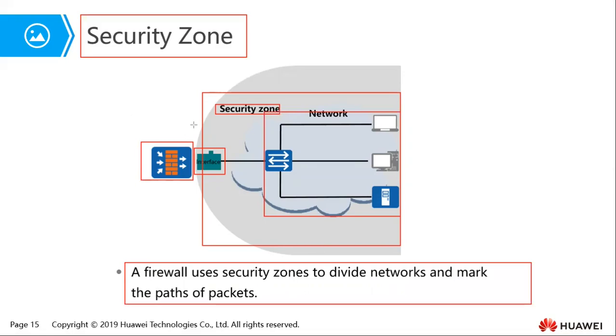For example, we can have another interface here which also belongs to this security zone and connects maybe to a different network. So firewalls use these security zones to divide networks and to mark the paths through which the packets are going to be passing. Packets are controlled when traveling between security zones, as we're going to see in the next slides.